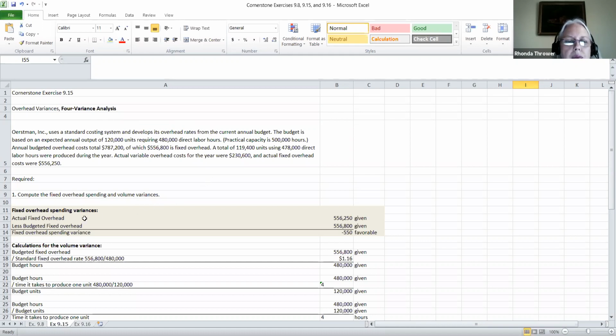You need to know the formulas. So what I've done is I've highlighted here where we have actually determined the variance.